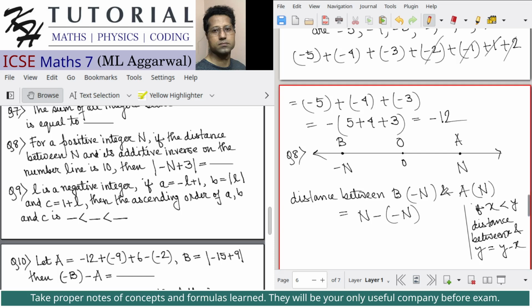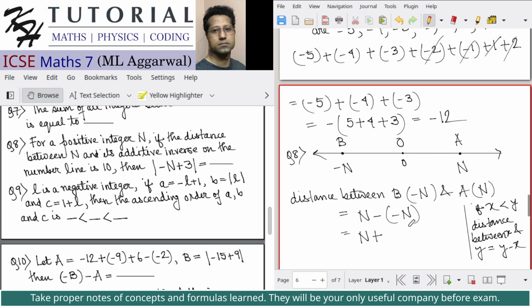So the distance between minus n and n, where definitely minus n is less than n, will be n minus minus n.